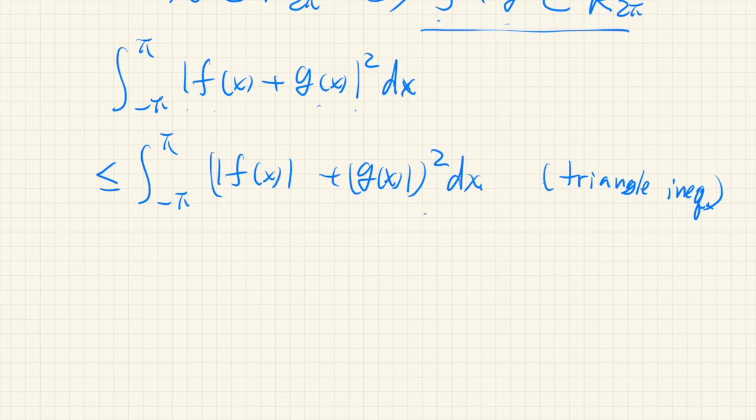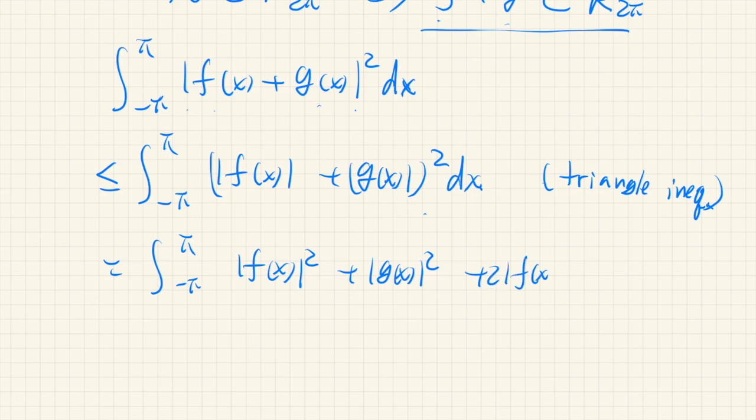And just expand this, and then we have f of x squared and g of x squared and 2 times f and g, everything dx.